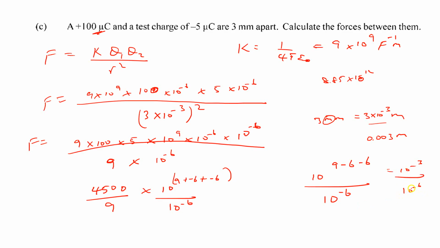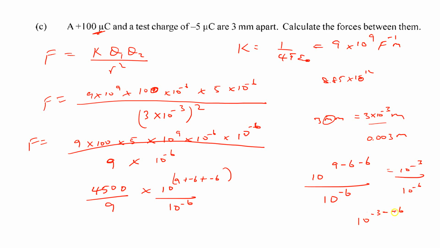Now, the laws of indices tell us that if I have a power in the denominator, a simple way of writing it is to subtract it from the power above. So all I'm doing now is 10 to the minus 3, minus minus 6.